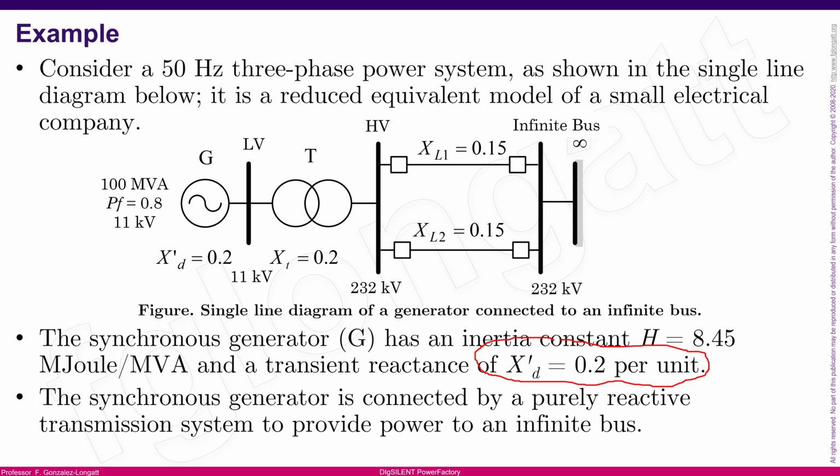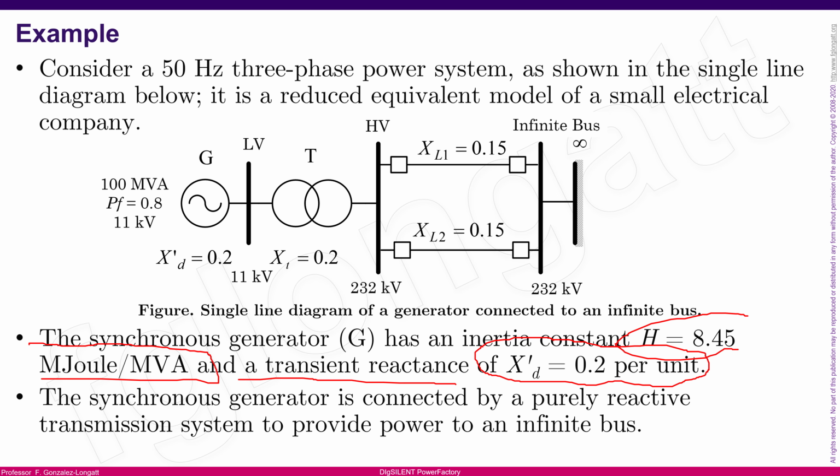It's 0.2 per unit, okay? And we also receive data about the inertia constant. In this case, the inertia constant is 8.45 megajoule per MVA, okay? That is the data that is given to us to represent the synchronous machine.